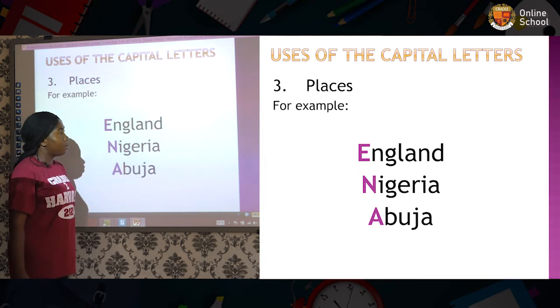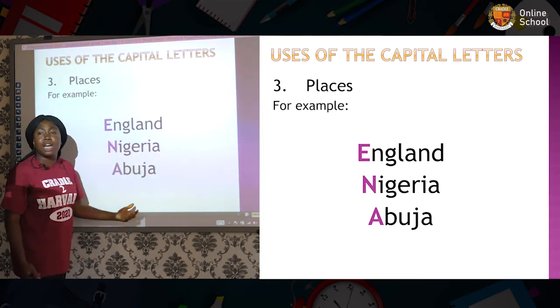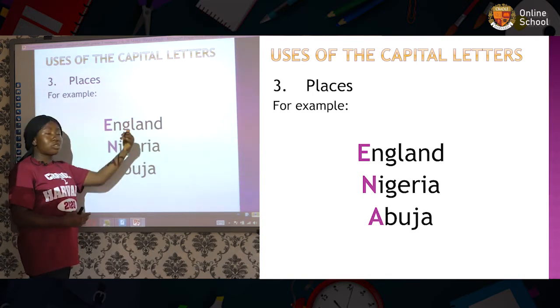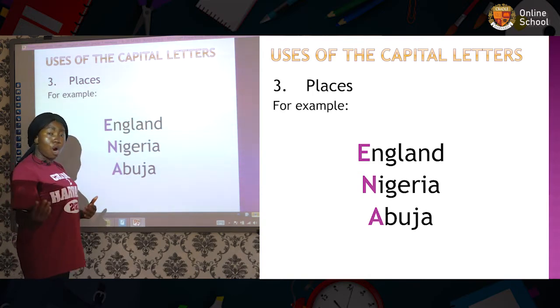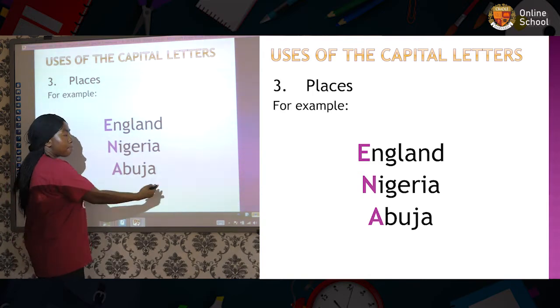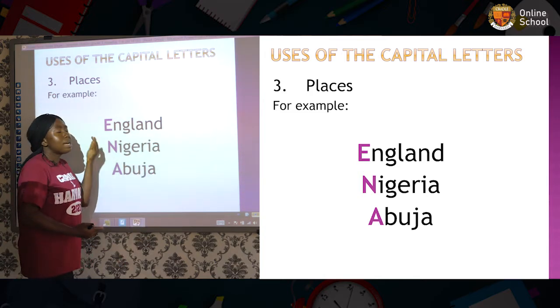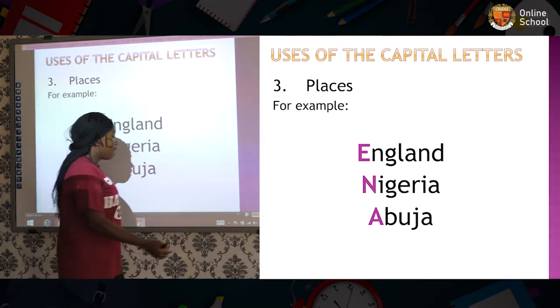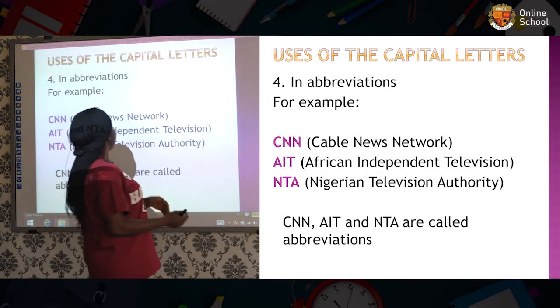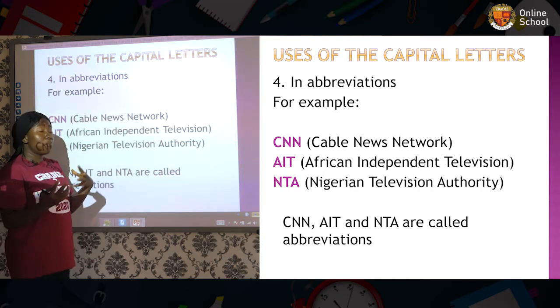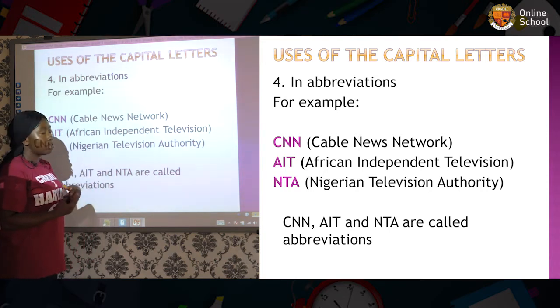And also we have Abuja. We are all in Abuja. CRADLE to Harvard is in Abuja. So when we want to write Abuja, or the name of our school, we write it in capital letters. Very good.